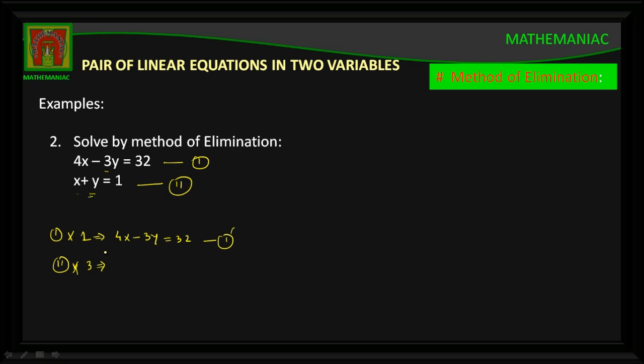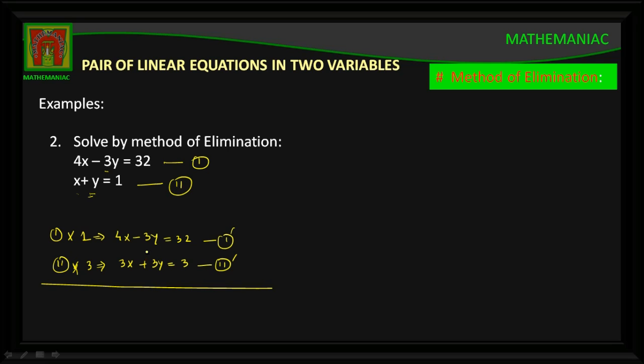Achha. You may ask me why not minus 3? Yeah, you can go for it. I don't want to go for multiplying it by minus. I just multiply it by 3. Let me try to tell you what is the advantage here. If you would have multiplied by minus, you would need to subtract this equation.